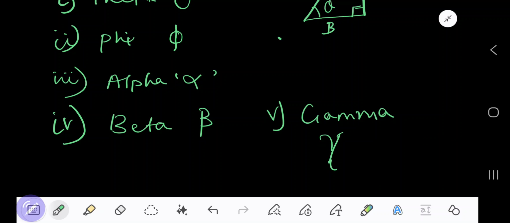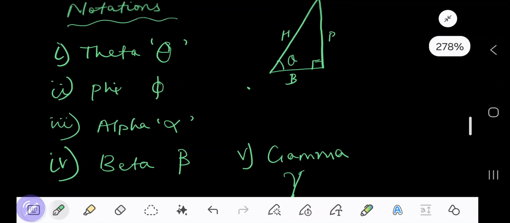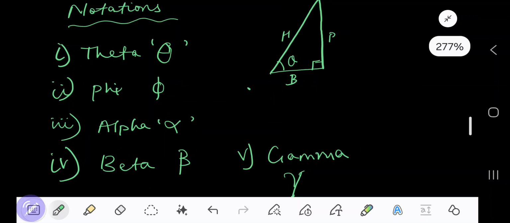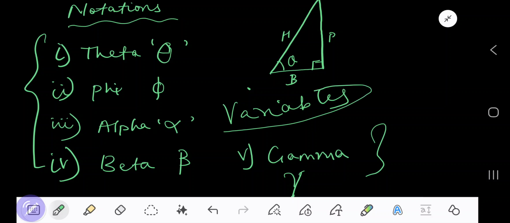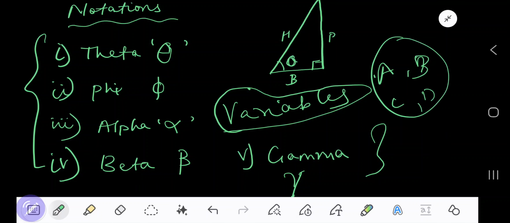Okay, so let's begin. And mind you, you should remember that all of these which I just told you, theta, phi, alpha, beta, gamma, are just variables, kind of like A, B, C, D, used to represent different angles.